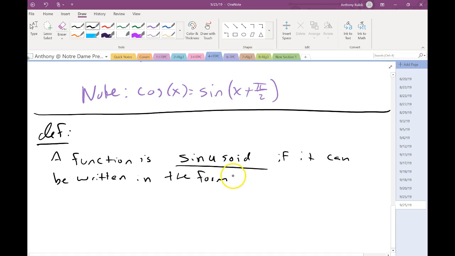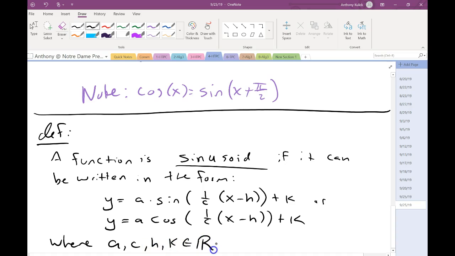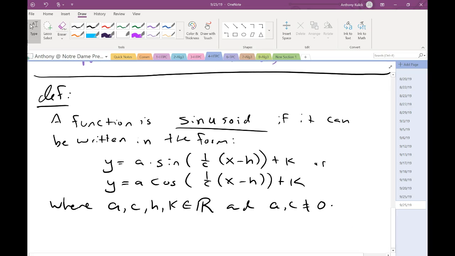It's spelled the same way. So we say that a function is a sinusoid if it can be written in the form as some transformation of the sine function or some transformation of the cosine function, where those coefficients a, c, h, and k are just real numbers, and the a and c are non-zero.